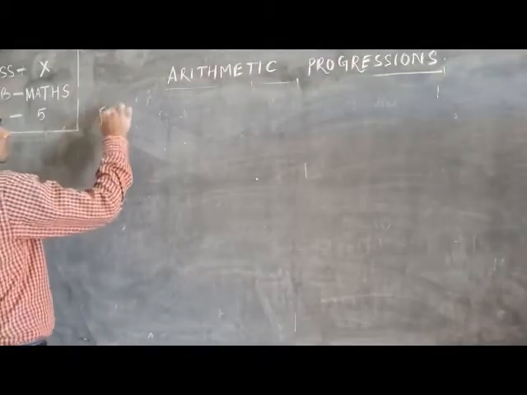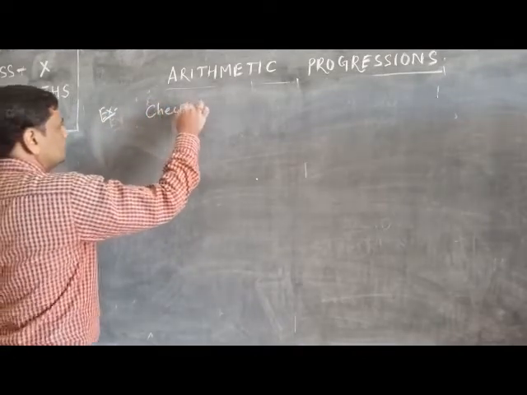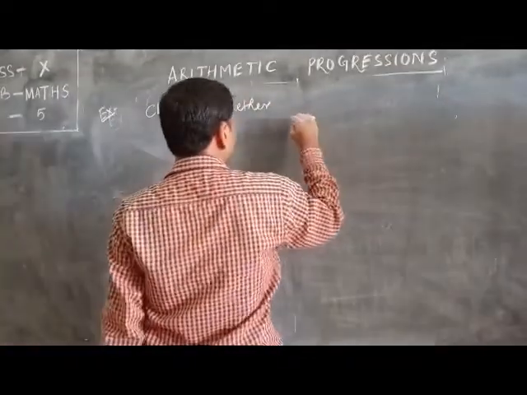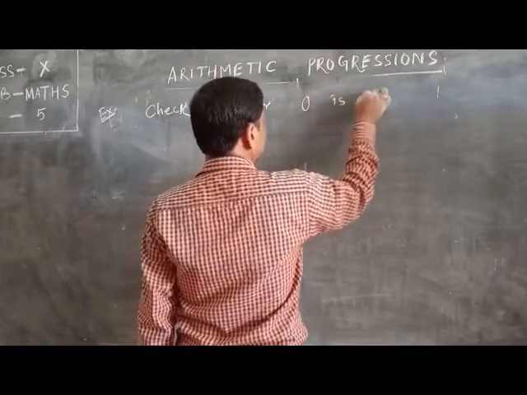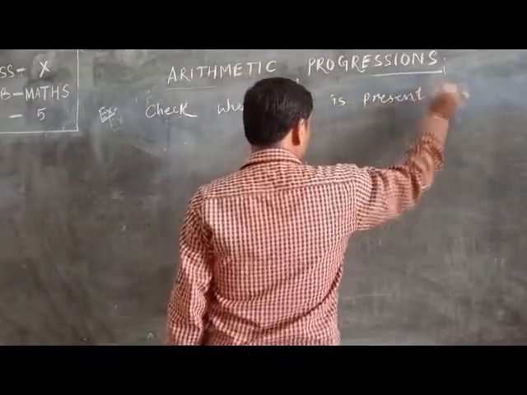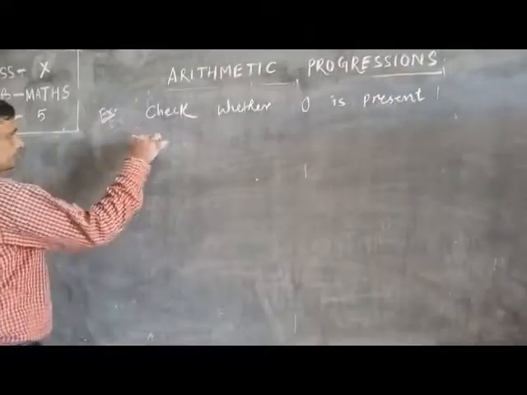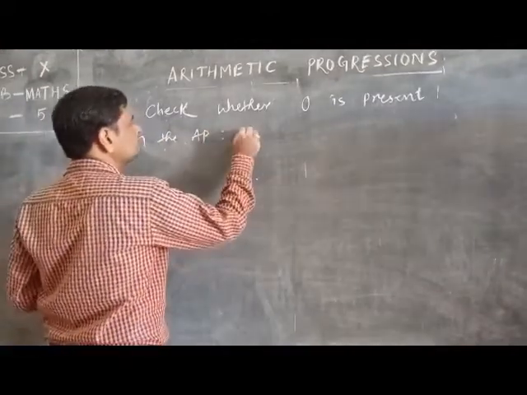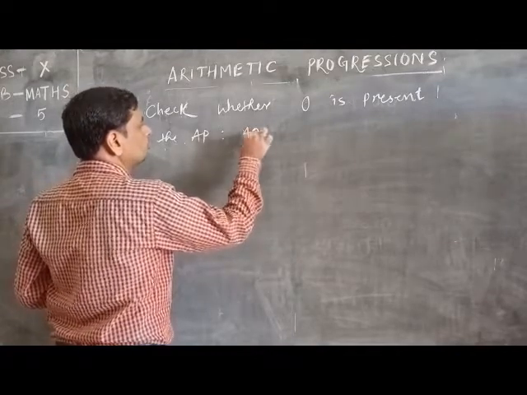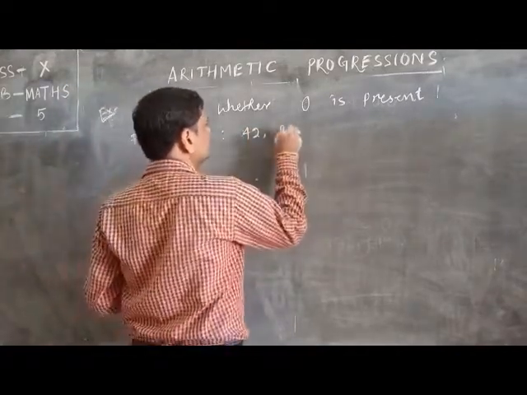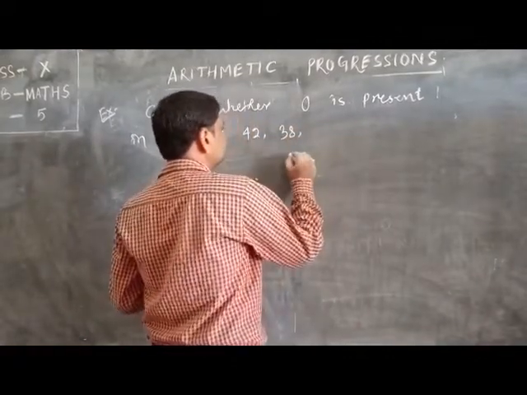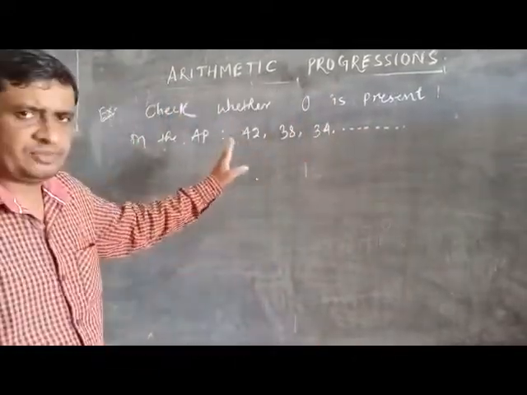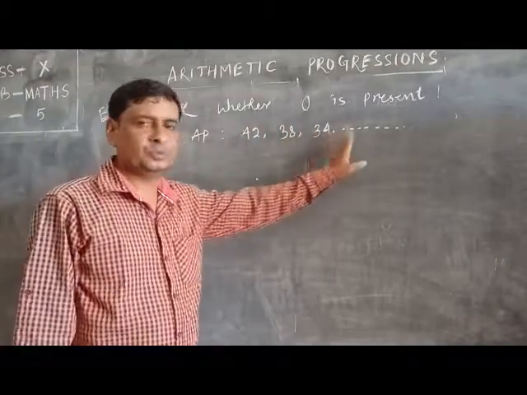For example, check whether 0 is present in the AP 42, 38, 34.